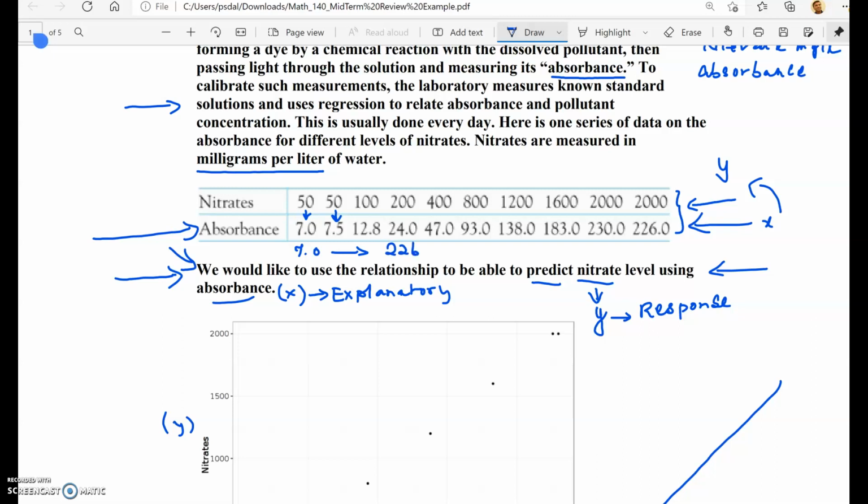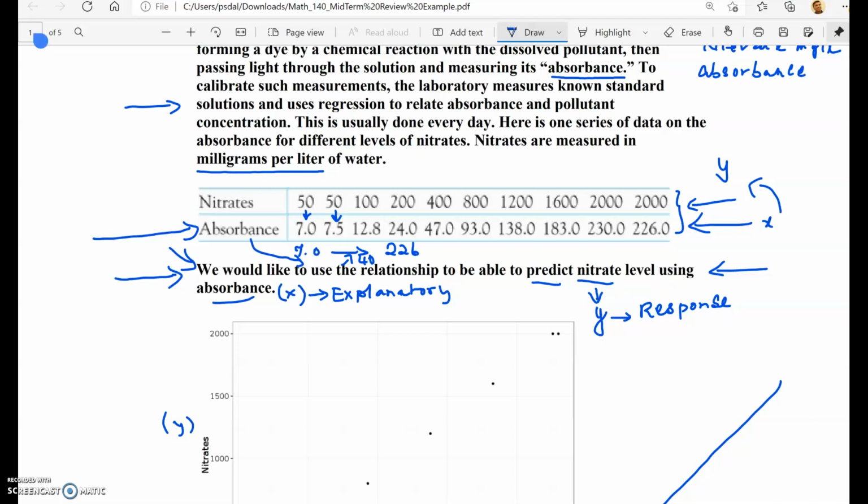The regression equation depends on these X and Y values. So we are able to predict the values of nitrate when the absorbance level is anywhere between 7 and 226. So 40 lies within this interval. Therefore, we are able to predict the nitrate level for an absorbance of 40.